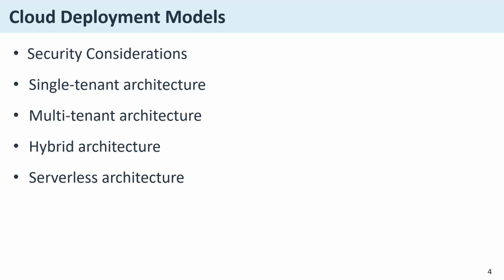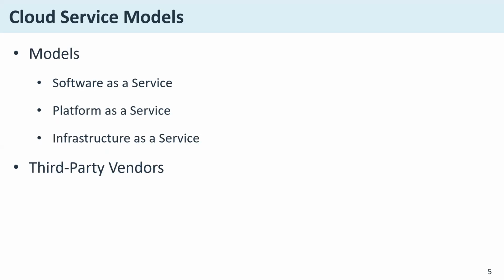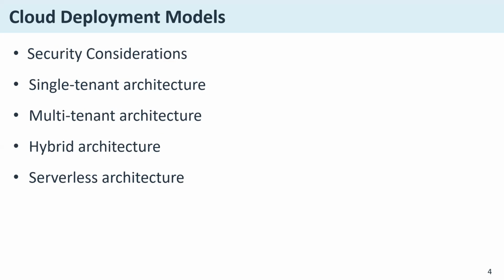Now, in the cloud deployment model, there are some considerations. Before I choose what type of cloud model I'm going to use, for the foundation to understand how the cloud works, we're going to be looking at security considerations. We're going to be looking at multi-tenant architecture, single tenant architecture, hybrid architecture, and serverless architecture.